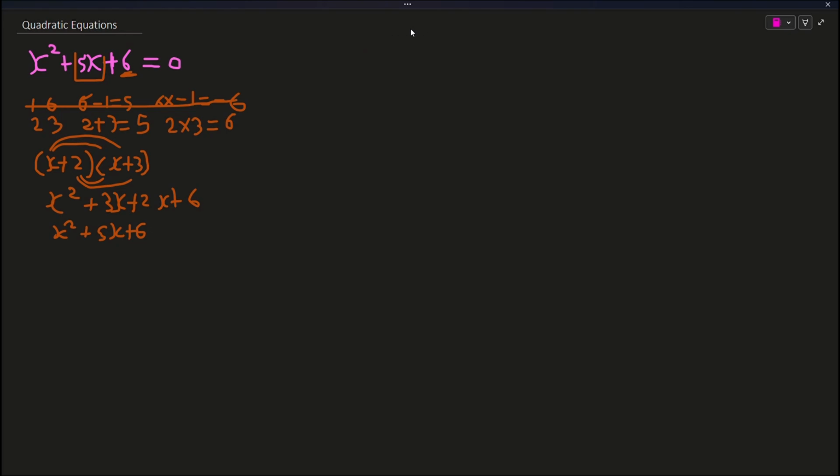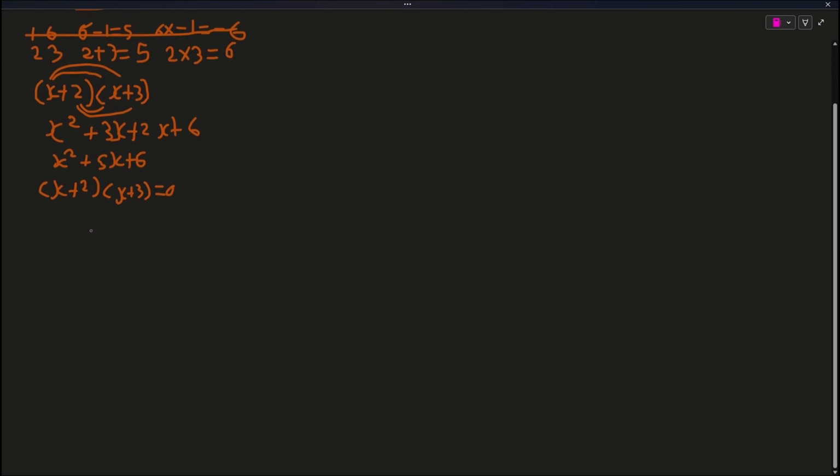Then with what we've found as our factors, x plus 2 and x plus 3, we can equate that to 0, and we can find out what x is for this to be true, right?